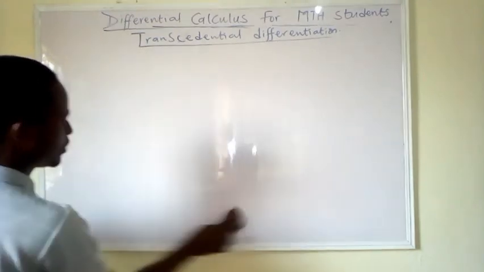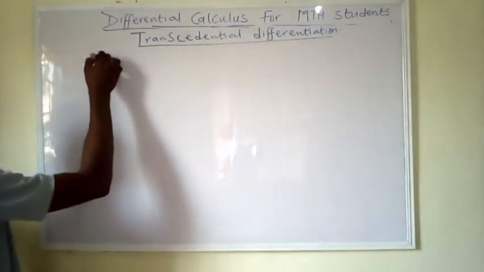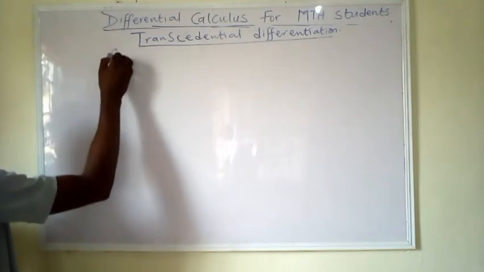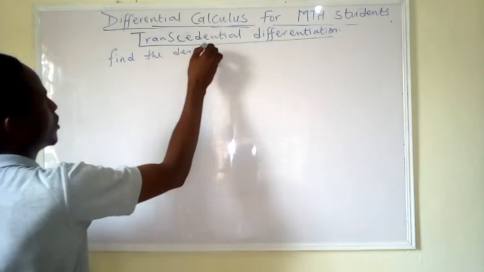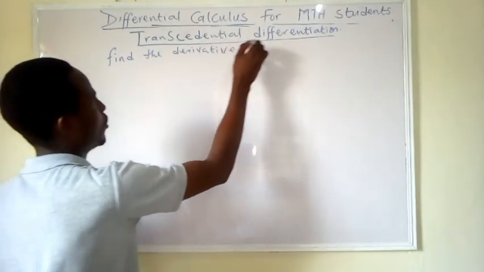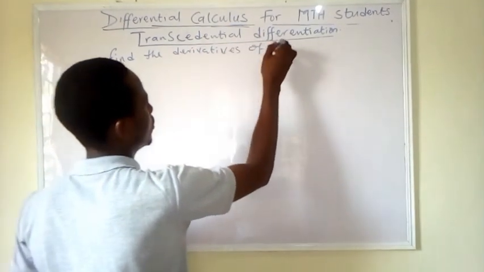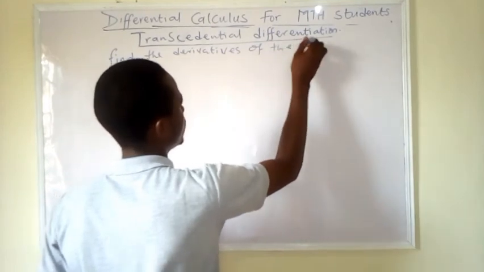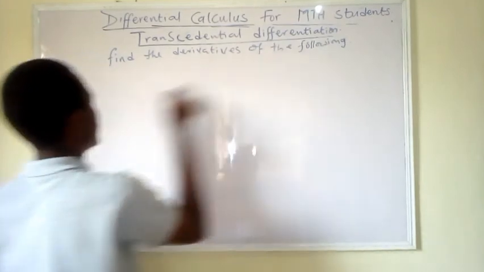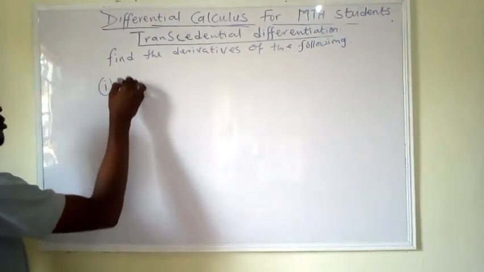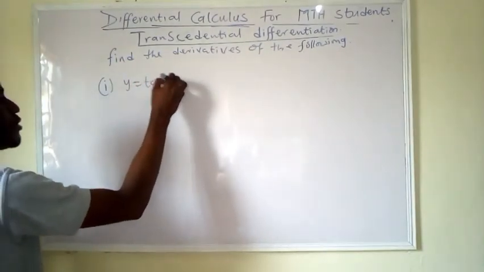Take for instance, find the derivative of the following. The first one is y equals tan x, which I've said I will prove.